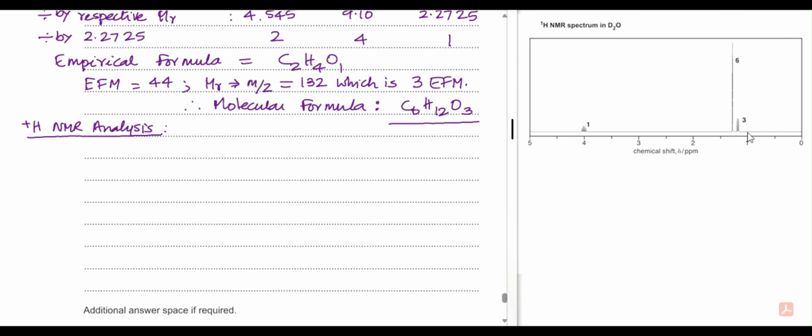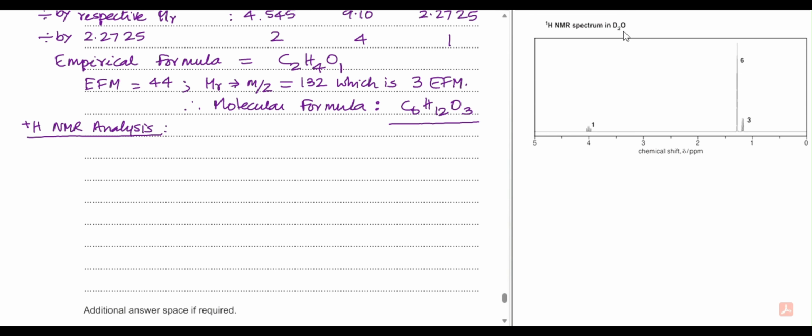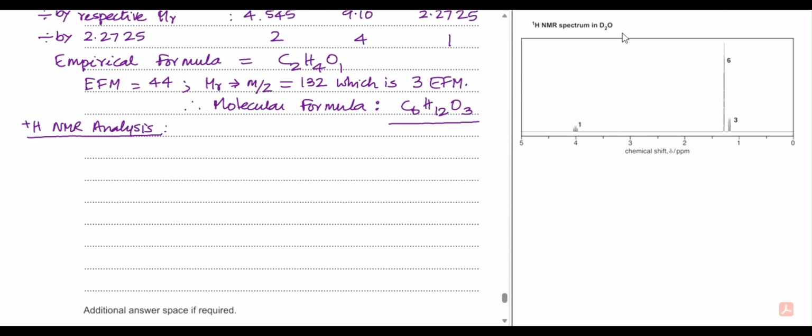First and foremost, we see 3 peaks here, but don't forget there were 2 more peaks which were observed when the spectrum was analyzed without D2O. In presence of D2O, the OH gets suppressed, and therefore the 2 peaks which are seen without D2O must be because of OH. Anyways, let's document one by one the peaks and the chemical shifts relating to them.